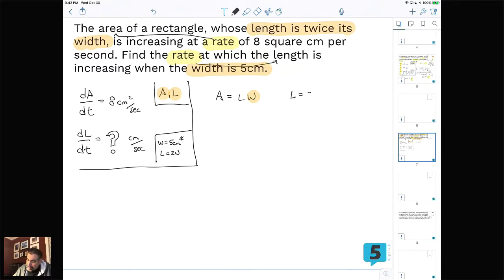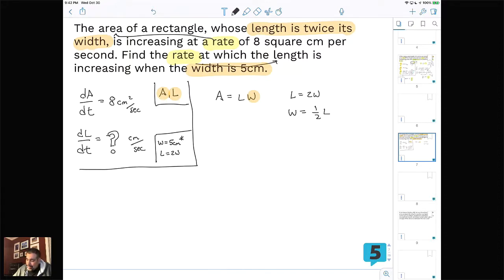L is equal to 2W. So I now have a relationship between L and W. Well, of L and W, which is the variable I prefer to use in this problem? I prefer to use L. So I can manipulate this, and if I do it correctly, I'm going to find out that W is the same as using 1/2 L. So CJ, you've got it.